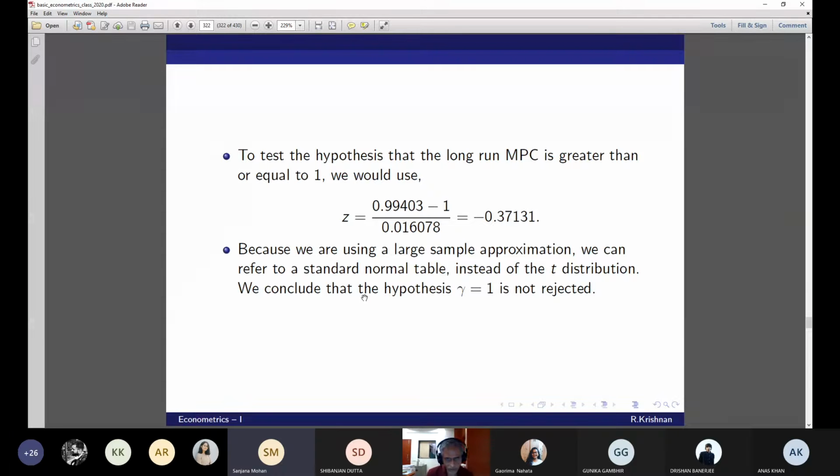So this is what I'm getting, minus 0.37131. Because we're using a large sample approximation, we can refer to the standard normal table instead of the t distribution. We conclude that the hypothesis delta equal to 1 is not rejected, not gamma.